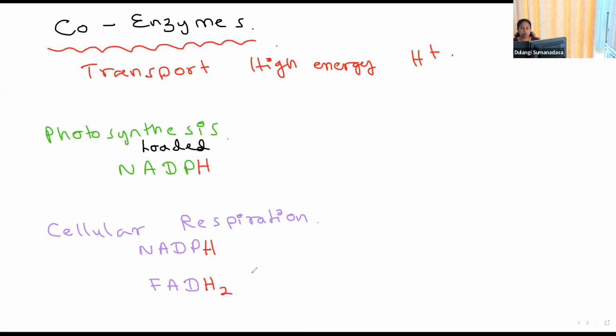All of these are carrying the high energy proton, so they are loaded coenzymes, right? But once they go to their destination, they can unload. Can you write down the unloaded coenzyme? If you unload the coenzyme, you write down the high energy proton separately.